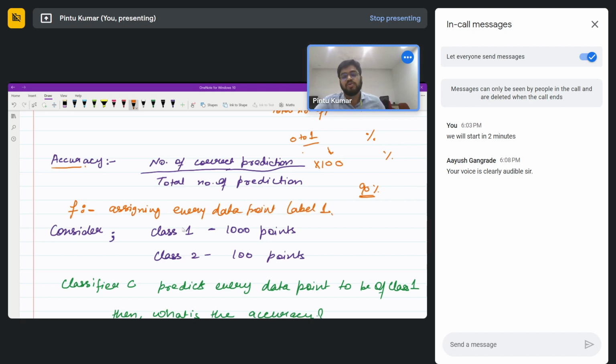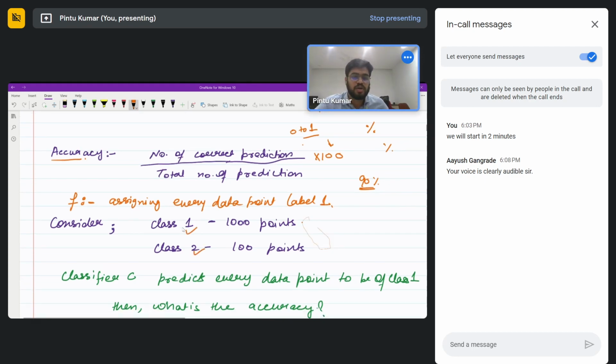You have a data set with two labels, class 1 and class 2. Class 1 has 1000 points and class 2 has 100 points. So you learned a classifier, let's call it F, which assigns every data point label 1. That is, it will map every point to class 1.